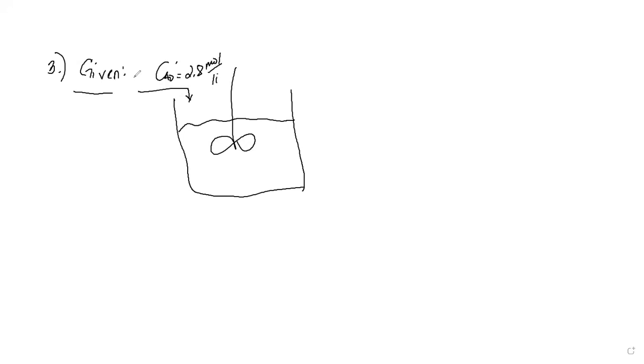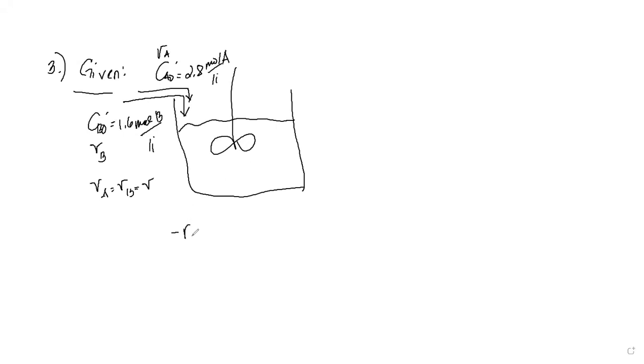We'll have another one, so CbO prime is 1.6 mole B per liter. So this is A. We have a VA here, volumetric flow rate of that stream, and we have a VB, which is volumetric flow rate of this stream. These two being equal, let's say, will represent both a small letter V.